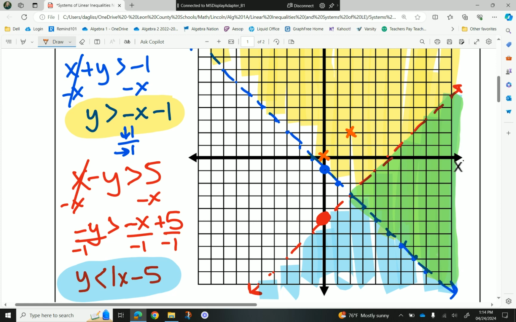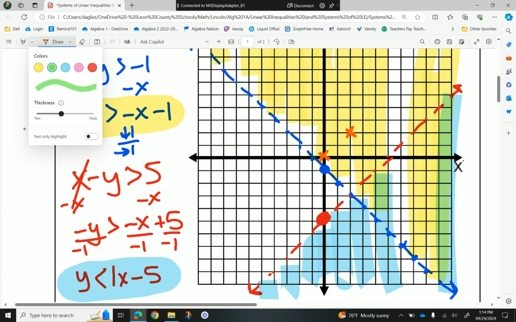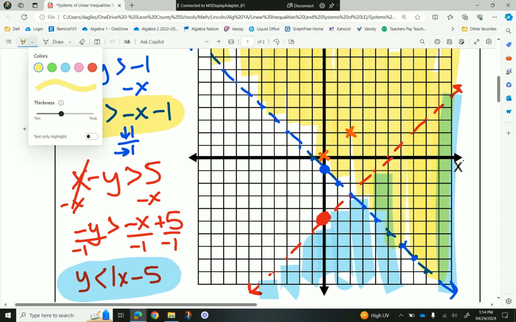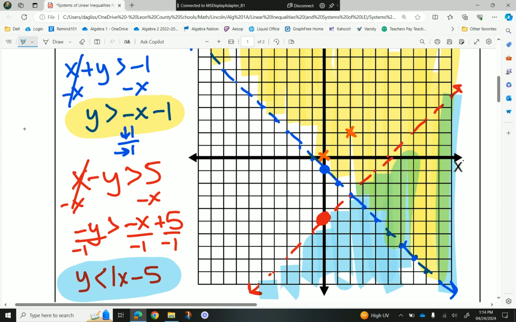It has to be a solution to both. Okay? So what if I did, let's see here, 1, 2, 3, 4. What if I did 5 and then -3? That is a solution to the system. Oh, forgot my negative. 5 and -3 would be a solution to everything. Hold on, it erased.